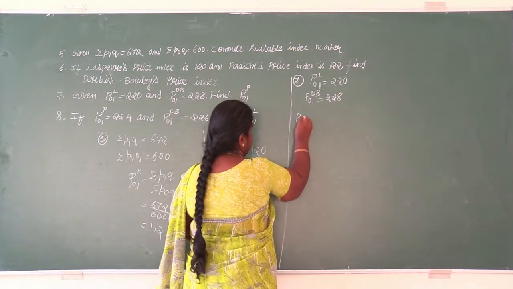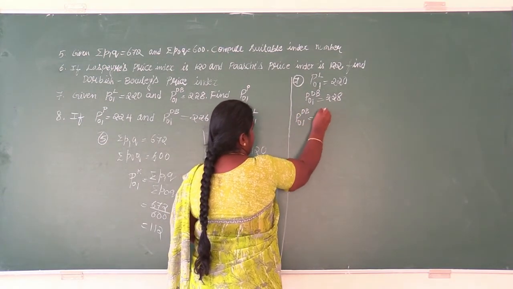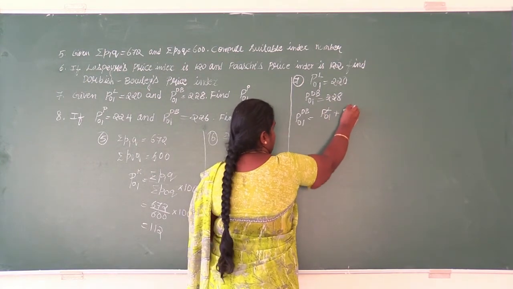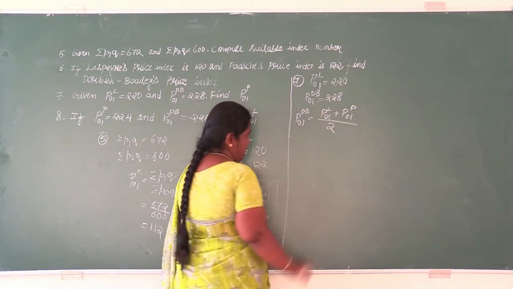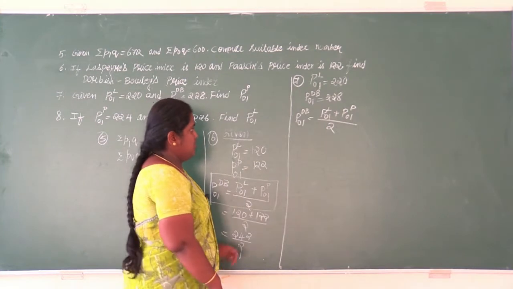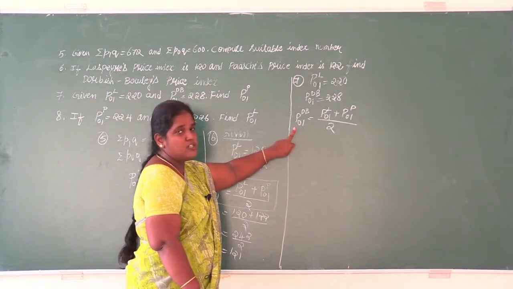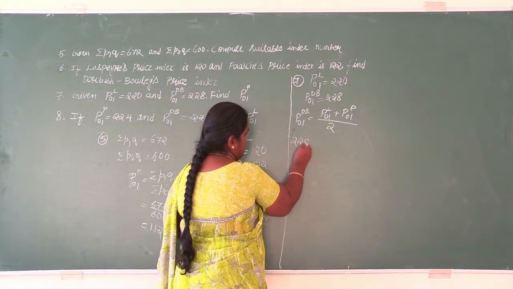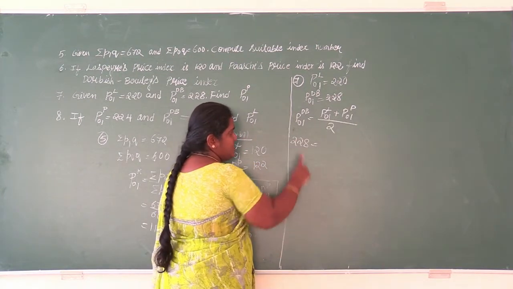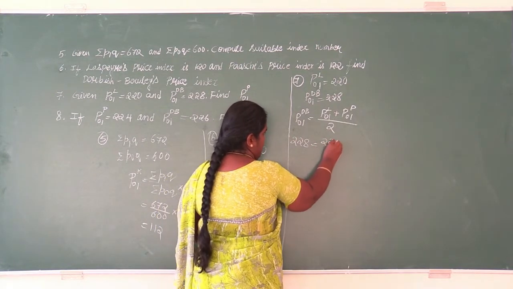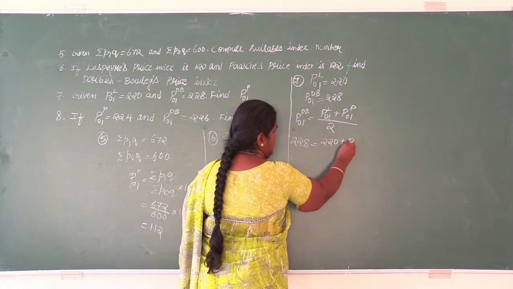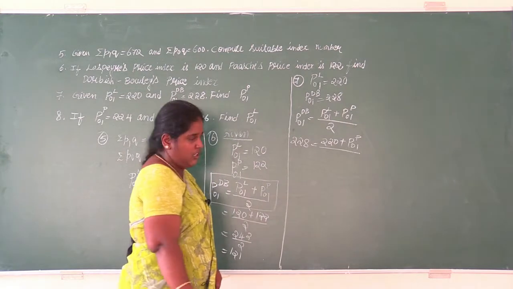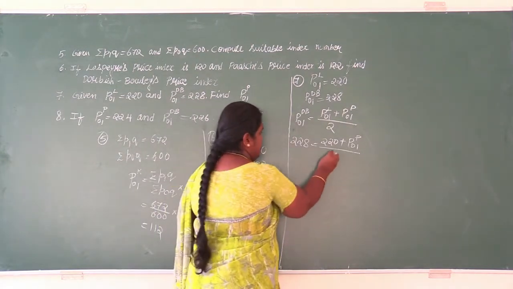So it will be P01 dB equals P01L plus P01P divided by 2. Now substitute: what is Drobisch-Bowley's price index number? 228 equals P01L, 220, plus P01P, which we write as it is because that is what we are finding out, divided by 2.